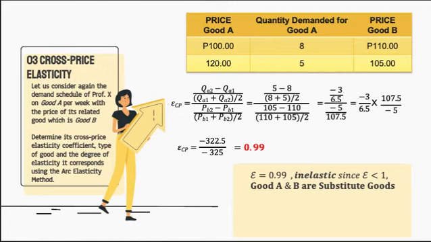It is less than 1. Then, it is inelastic. It means that the quantity demanded for good A is less sensitive for every change in price of good B. And since the value of the coefficient is positive, we can say that goods A and B are substitute goods.